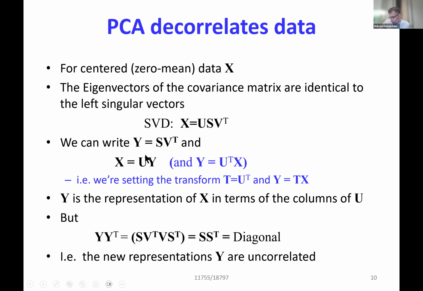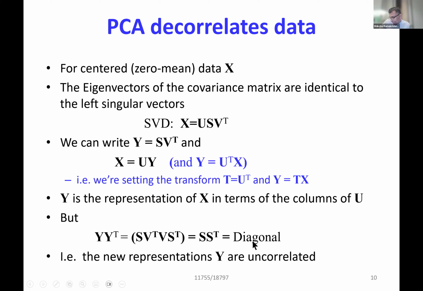And if you work this out, Y times Y transpose is going to be S times V transpose times V times S transpose. But V transpose V is an identity matrix. So this simply becomes S times S transpose. This is a diagonal matrix. In other words, when I perform PCA, I'm representing my data in terms of the bases in U. And Y are the new coordinates.